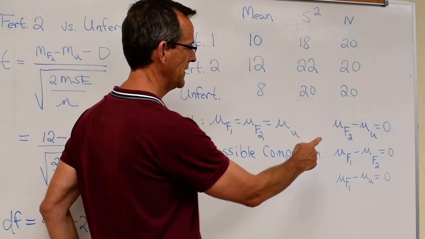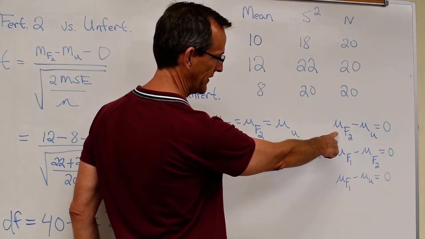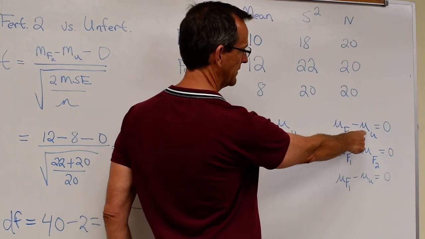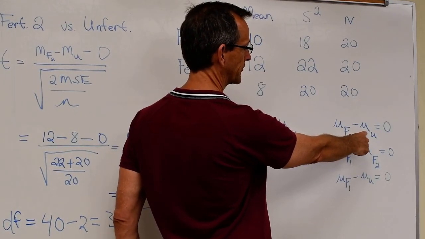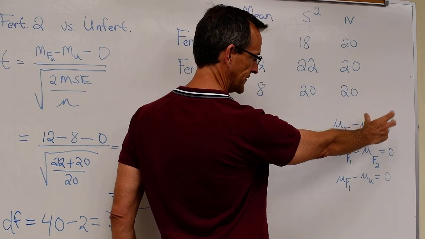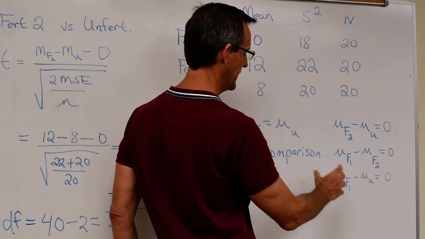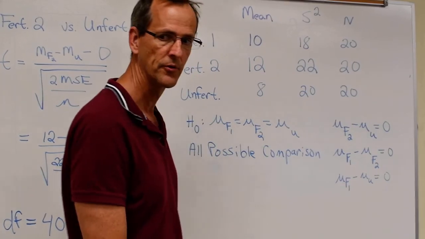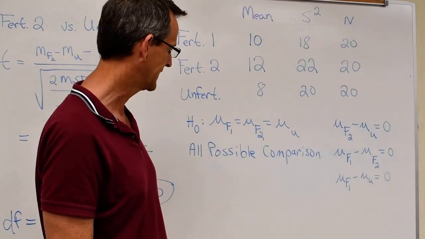So we're going to make this comparison: we're going to compare fertilizer 2 and the unfertilized group. The null hypothesis is that the difference between those is 0. These are all differences between means. So there are 3 possible comparisons that we're going to be making.